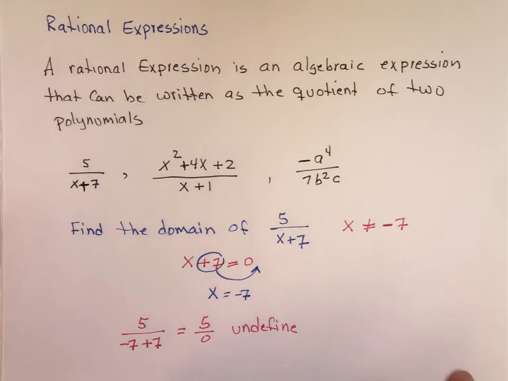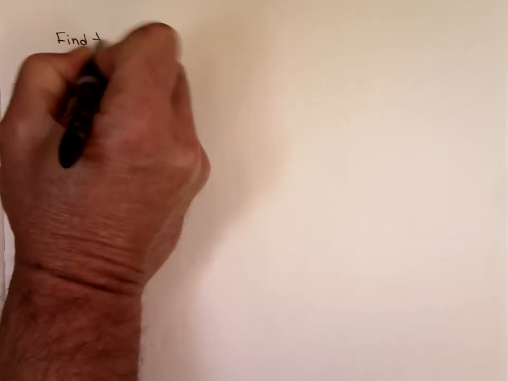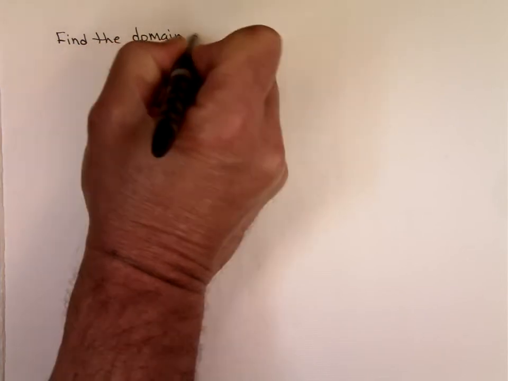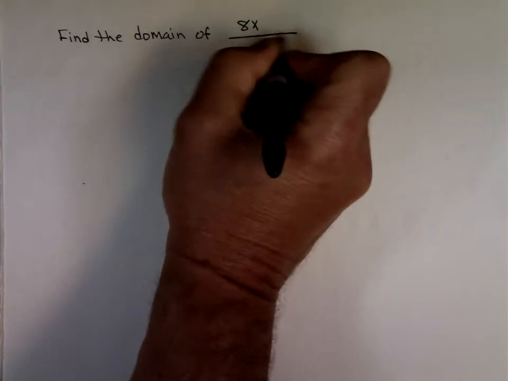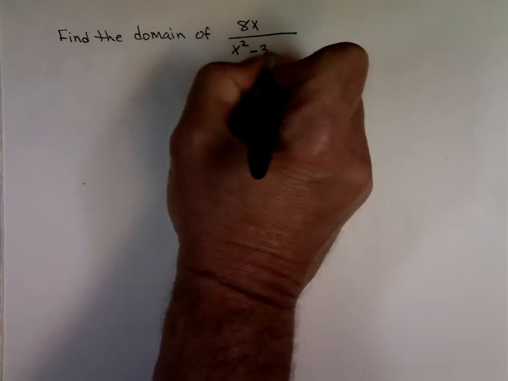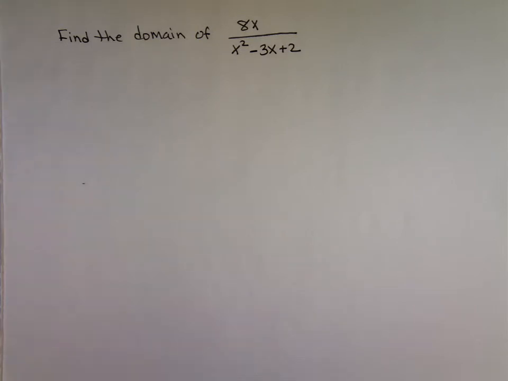So let's take a few of them and go through them and see what the domain is. Find the domain of 8x over x squared minus 3x plus 2.